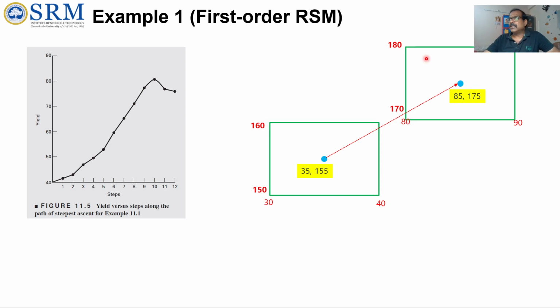If you consider this as a new method with new coordinates, taking 85 and 175 as the current operating condition, with values like 80 90 and 170 and 180, again we need to do the same process, and then we need to understand whether interaction and quadratic effects are there, and whether they are significant or not.